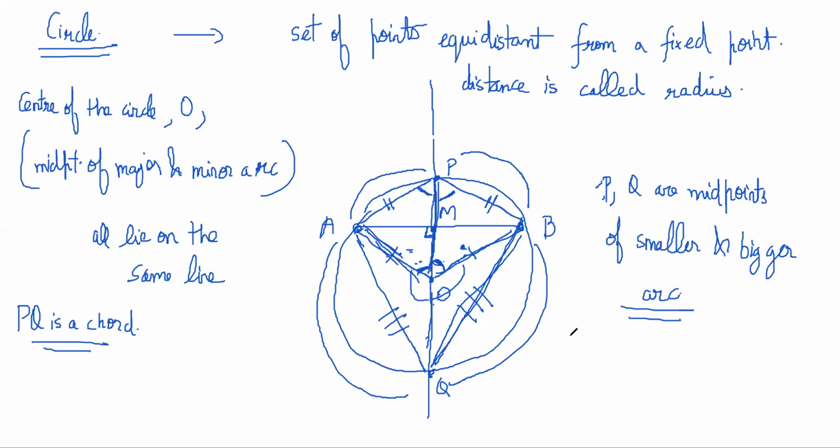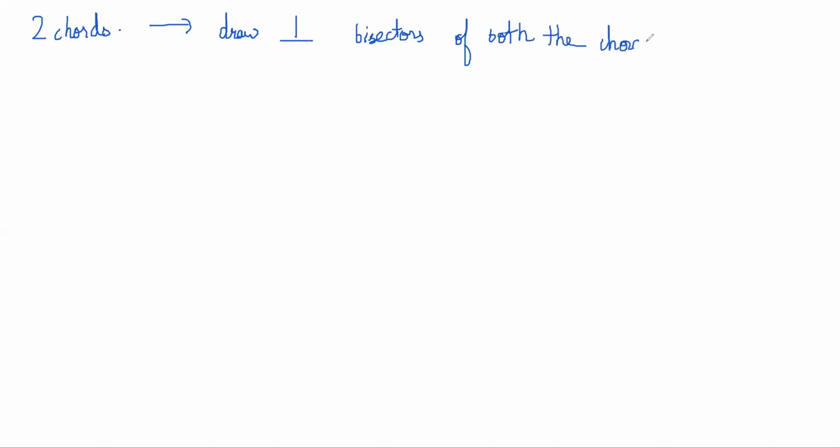In this case it is very obvious, but the property I want to state is: if you have two chords and you draw perpendicular bisectors of both the chords, then the center will be the point of intersection of these perpendicular bisectors.